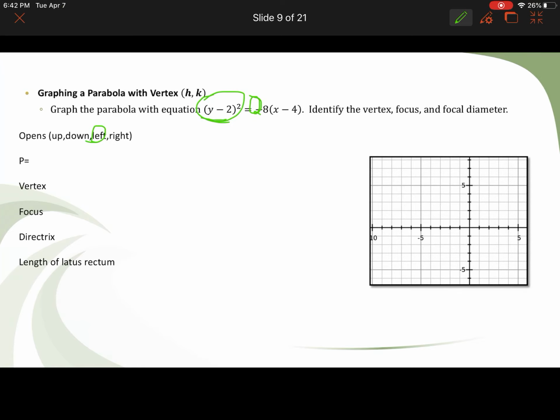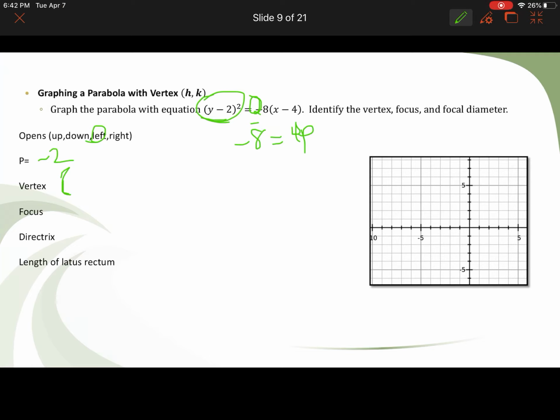And p is, remember that this number, this negative 8, has to be equal to 4p. So if I divide by 4, I get that p is equal to negative 2. So it's opening to the left, and our vertex is that h, k in the shift, and we start with the x value.